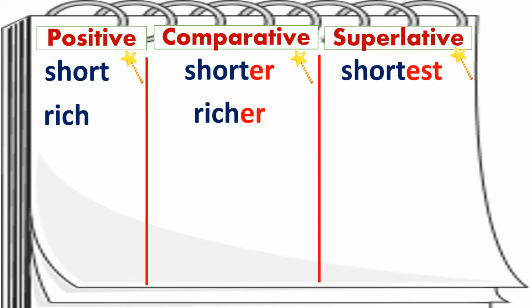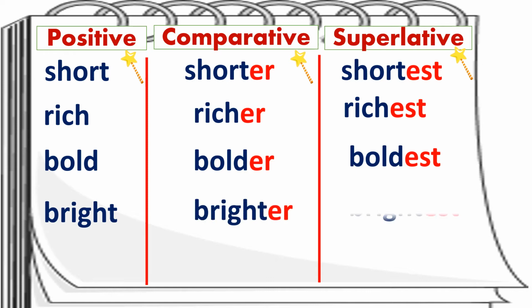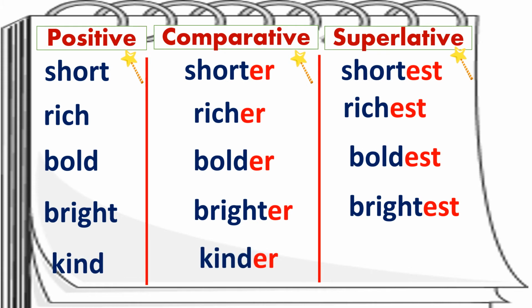Rich, so the comparative degree is richer, and then the superlative degree is richest. Bold, bolder, boldest. Bright, brighter, brightest. Kind, kinder, kindest.